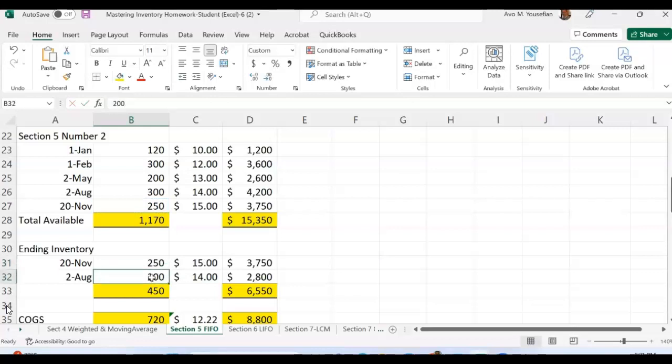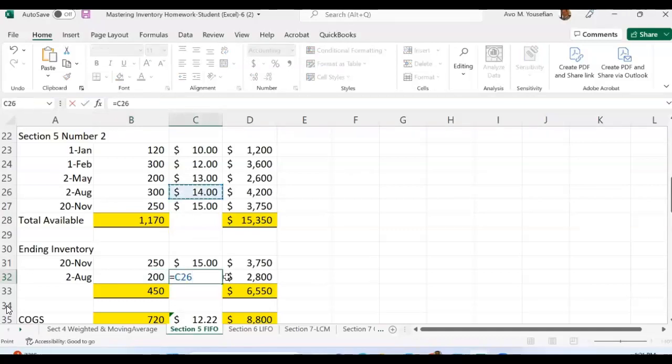See? And this 200 equals to that 450 that I need minus 250 that I took from there. That's 200 that I want from this layer. And this cost equals to $14. And that $15 technically equals to that $15.